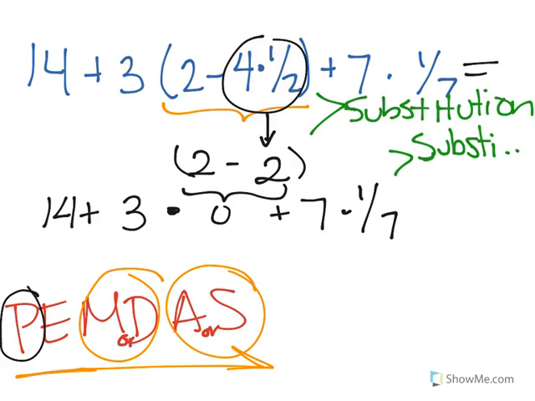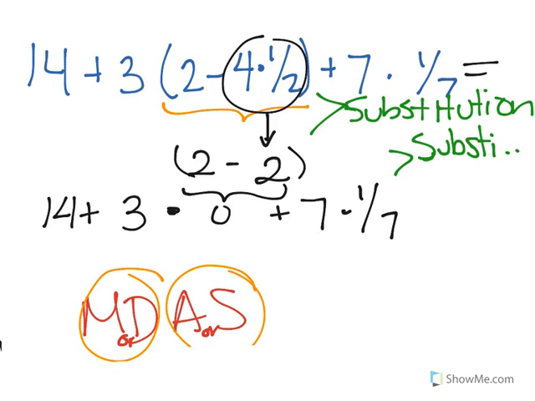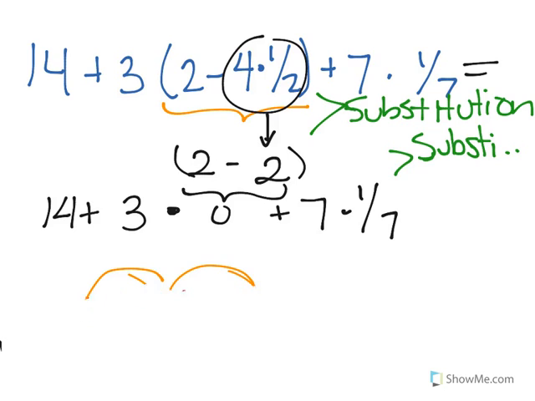Very well now. Going again through our PEMDAS, we have no more parentheses, no exponents, but we do have multiplication or division, so we must go from left to right. And so our next step is to multiply 3 times 0, and we know that to be 0.